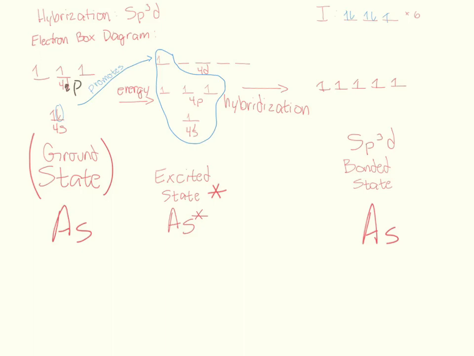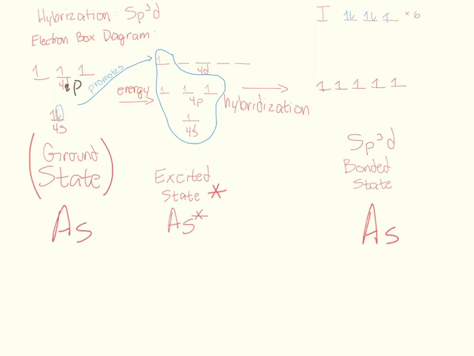And then one electron from the 4s would promote onto the excited state. So now we would have 1, 2, 3, 4, 5 separate electrons in the excited state of arsenic.